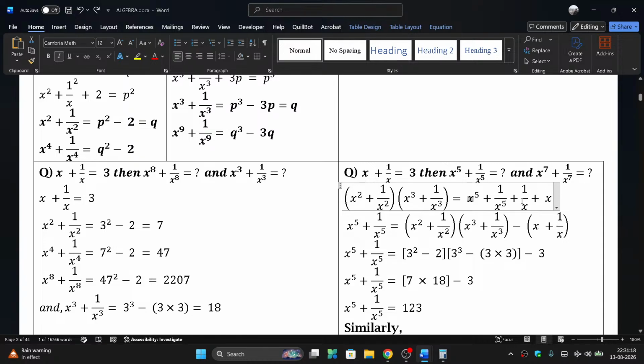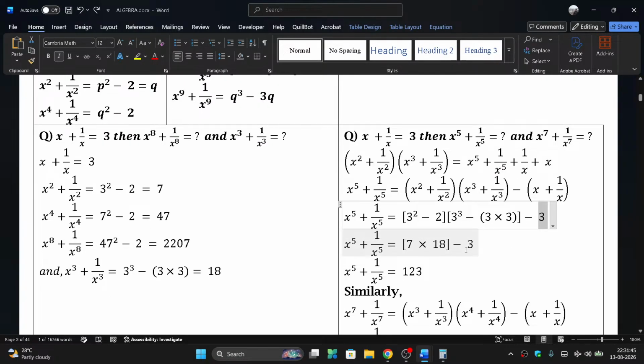We know the value of 1 by x plus x, so this would go on that side with all this, and we know the value of this is 3 square minus 2, and we know the value of this is 3 cube minus 3 into 3, and we also know the value of x plus 1 by x, it's 3, so the value of x to the power 5 plus 1 by x to the power 5 would be calculated.